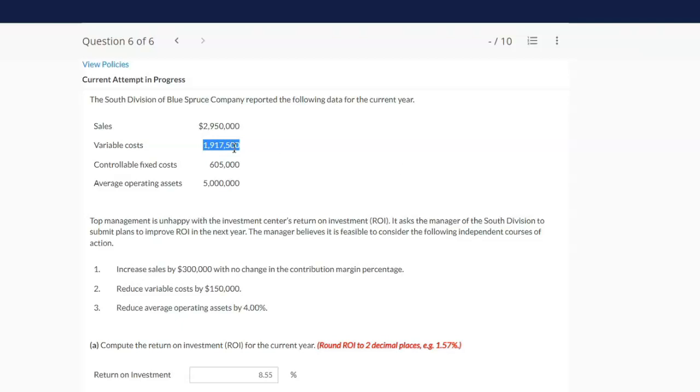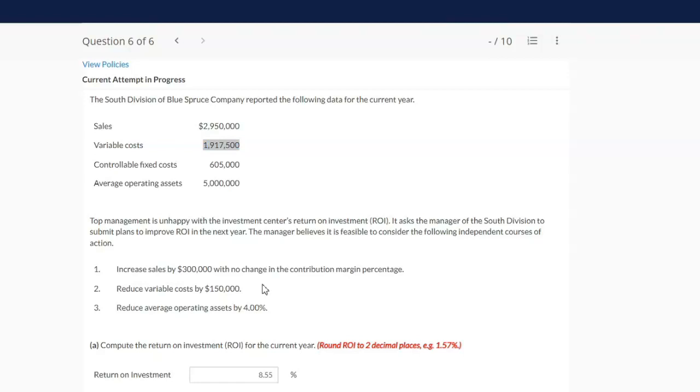So go back. You've got a new contribution margin. Sales will remain the same at 2,950,000, but the variable cost would be reduced by 150,000.